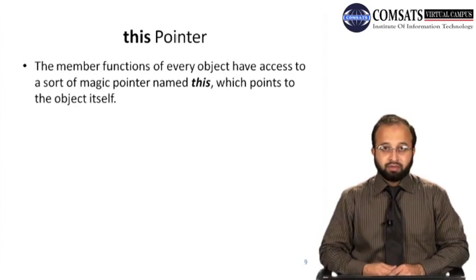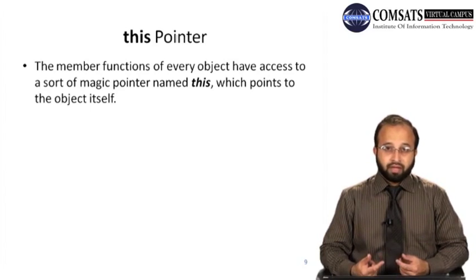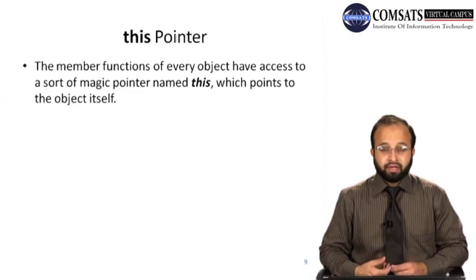Why are they directly accessible? Because implicitly the compiler creates a pointer whenever you create an object of any class, a pointer to that object is created, and that pointer is called the this pointer, okay.